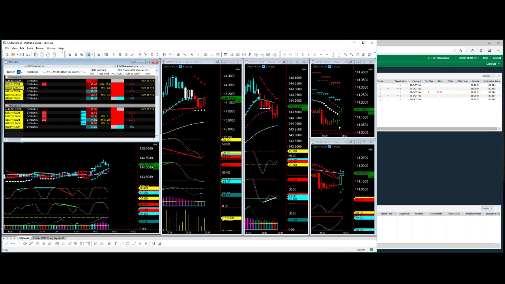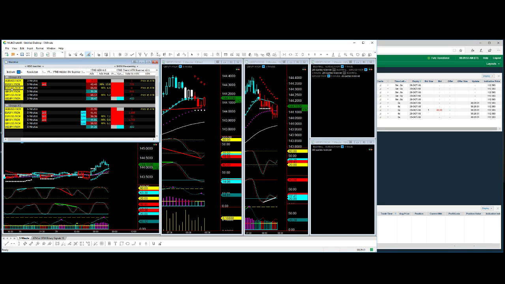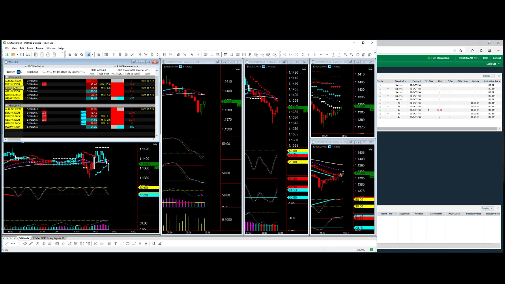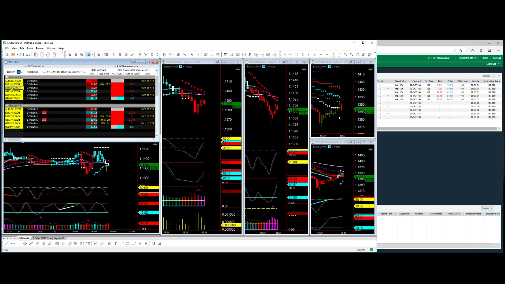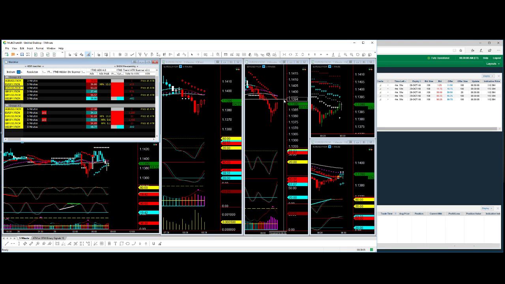You can also look at the euro dollar. But again, the euro dollar this time of the morning, that is a 4 pip move between your strikes. You can see that it is retracing upwards. It's trying to get up here to this red ATR right here.